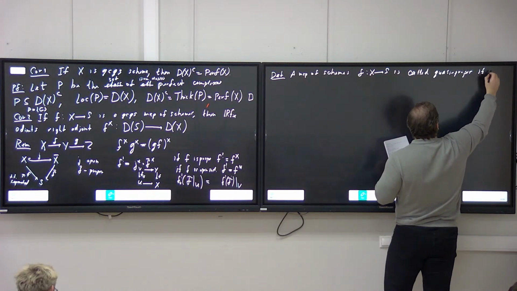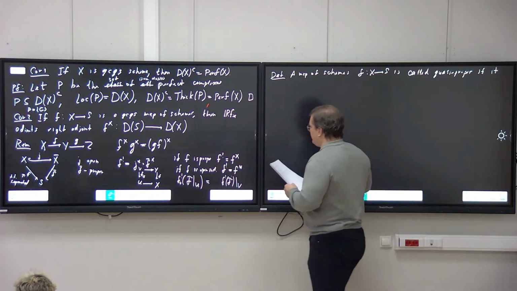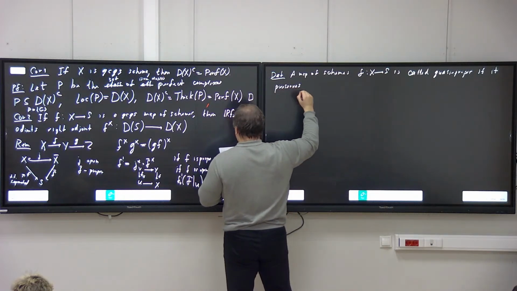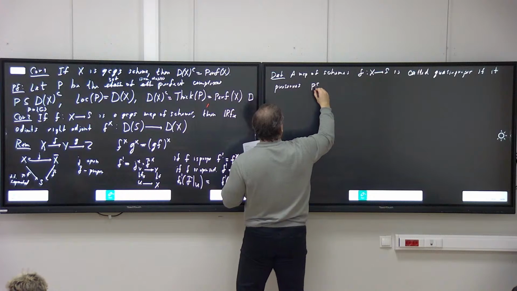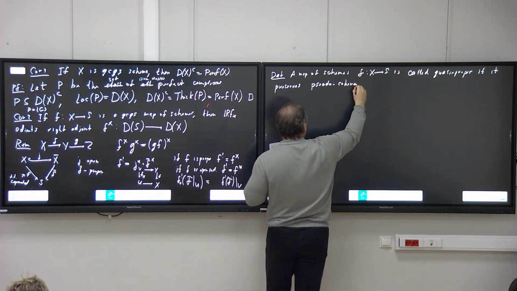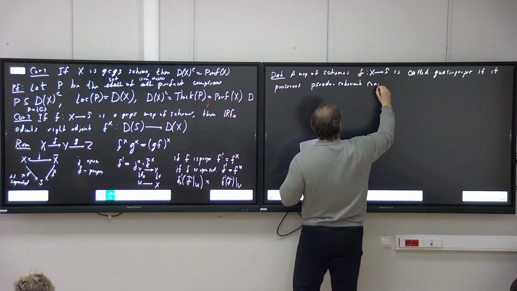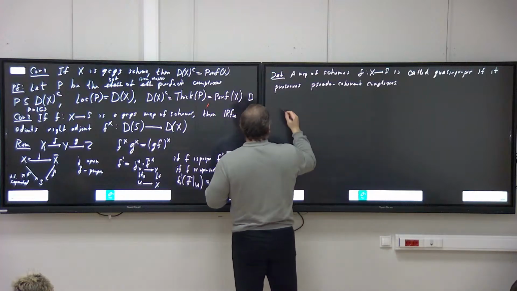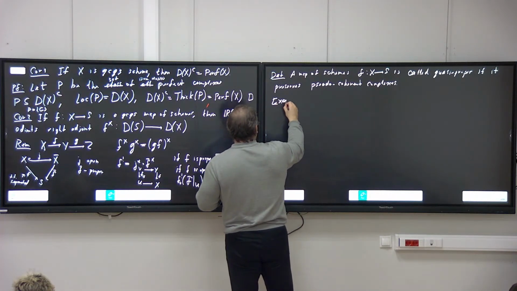if it preserves pseudo-coherent complexes. Quite a general definition, and examples of such maps would be something like this.